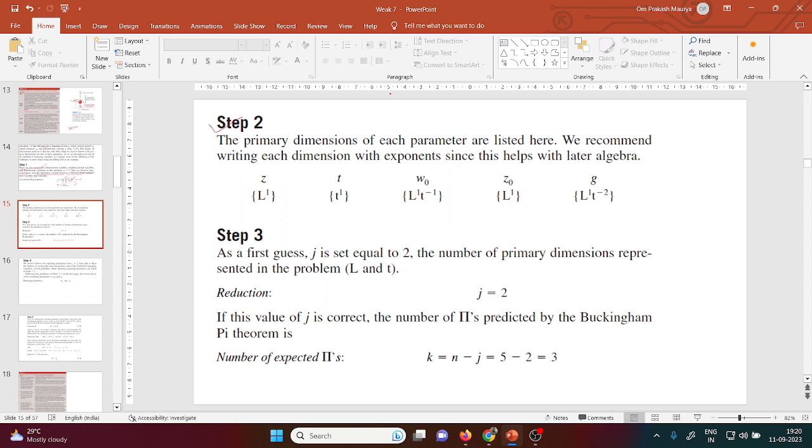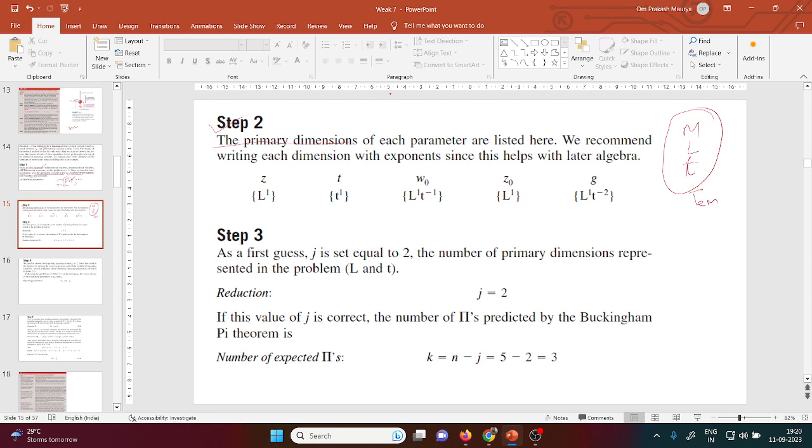Step 2 is the primary dimensions. As we have seen earlier, there are 7 primary dimensions. I was telling you, mass, length, and time are very important for fluid mechanics, and also temperature.